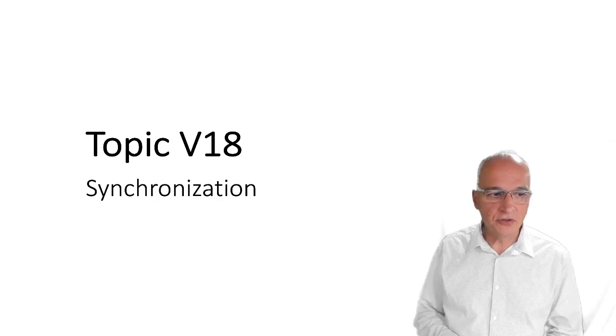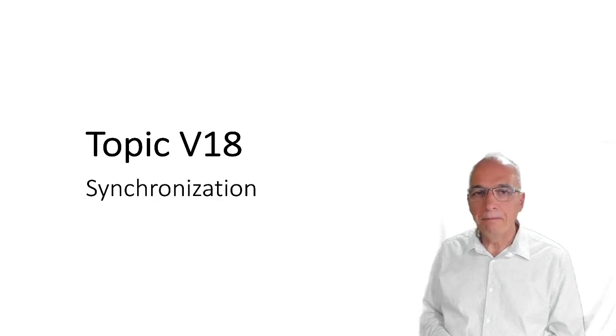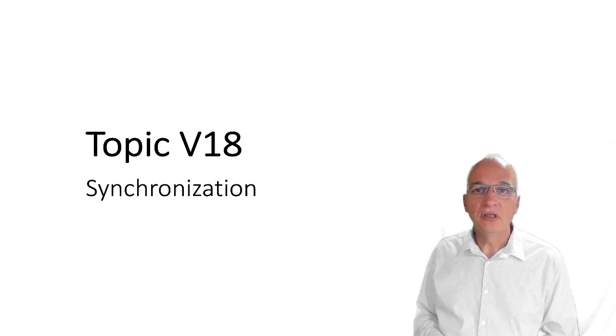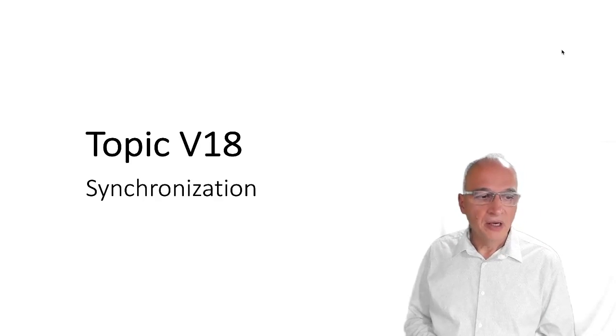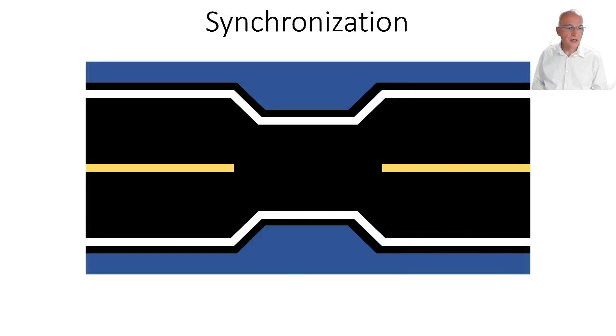It's called synchronization. To illustrate the issue with synchronization, I have created an analogy that I want to walk you through. Let's suppose that I have a road, and somewhere on this road there is a narrowing, perhaps due to construction or some other issue, and therefore only one car can pass through that narrow part of the road at a time.